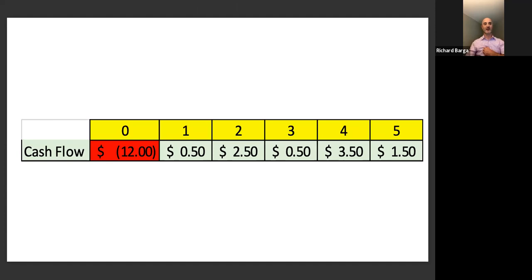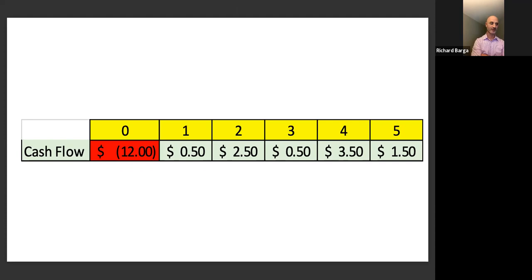So let's go back to our example we've been using. If we were to jump back and look at the cash flows from our previous example, I've added in here a year zero. Year zero is really meant to represent the initial investment that a person makes in a property.